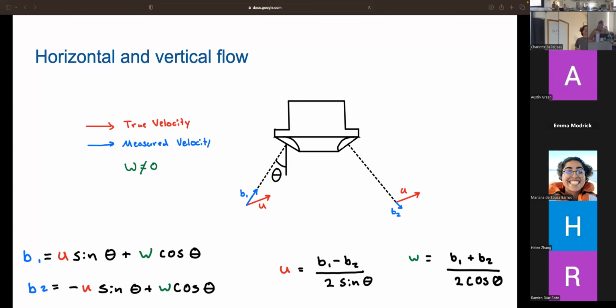Okay. Awesome. Just to clarify, each beam is measuring the component of the true velocity along its axis. Yes, whatever it's doing.